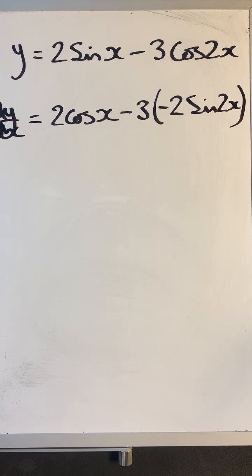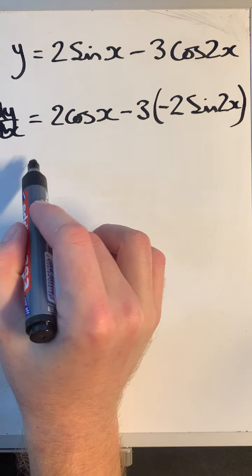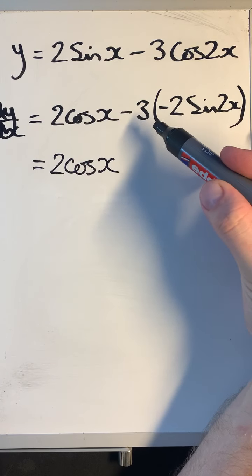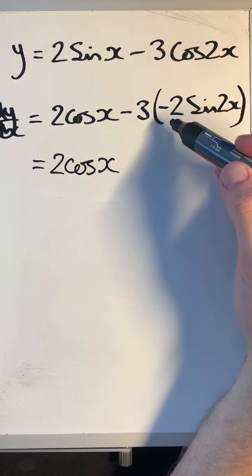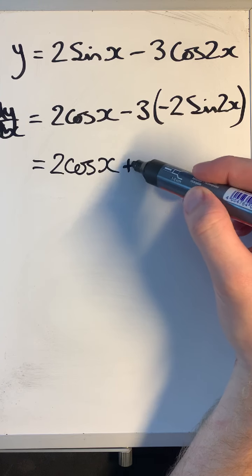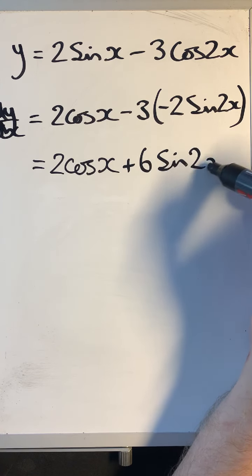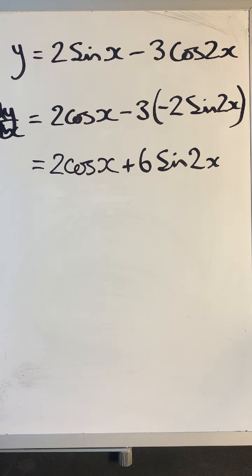Now we can simplify this. Minus 3 times minus 2 is a positive 6 sine 2x. So this is the first derivative of that function.